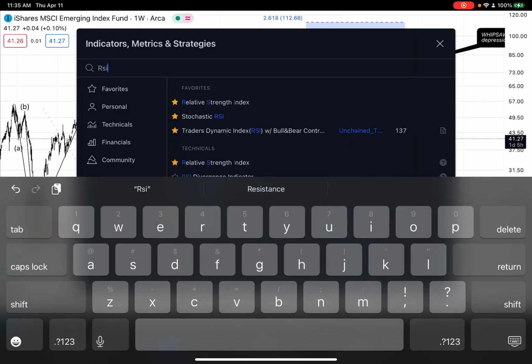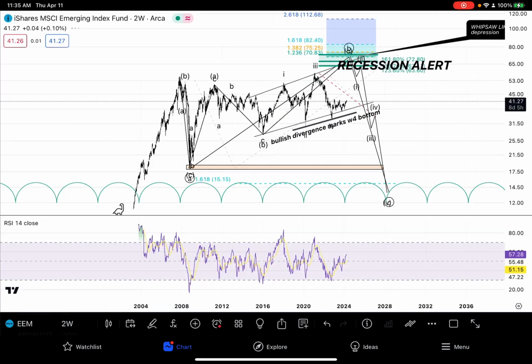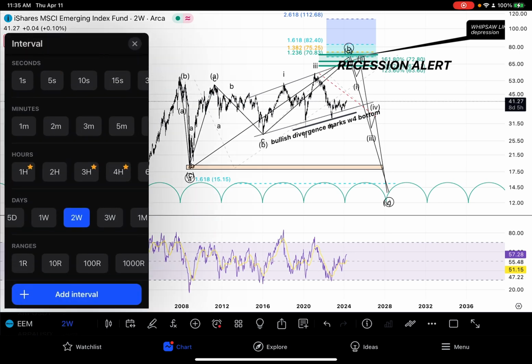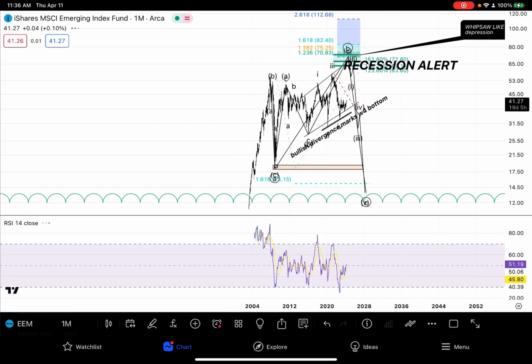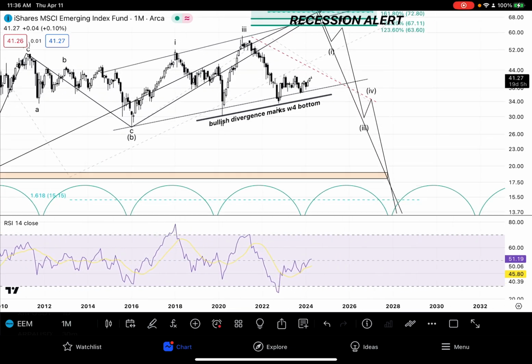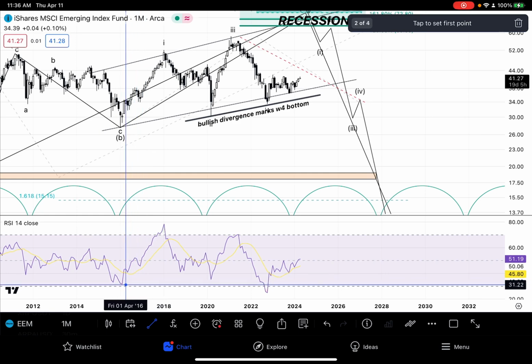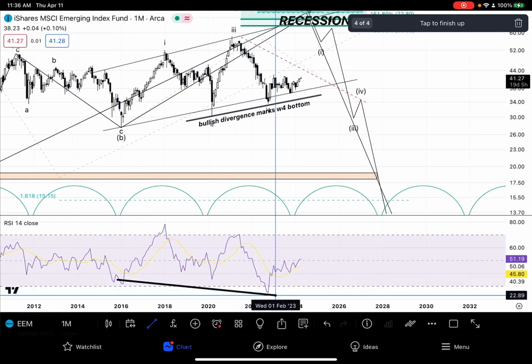So let's take a look at the RSI here on the 2-week time frame, or let's go on the monthly. And what do we see here? Okay, we have higher lows within this channel, but we have a lower low on the RSI.